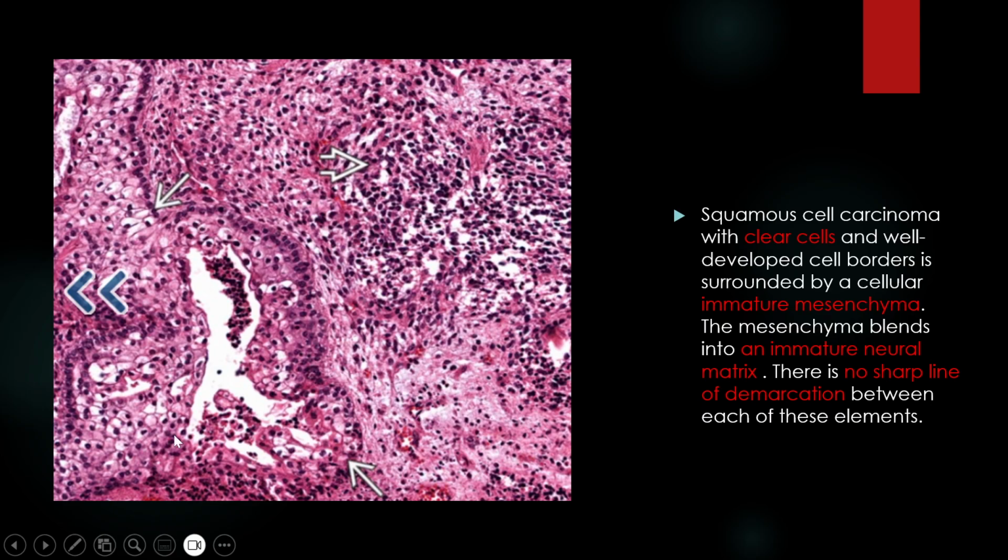Then here on the left side, we have this squamous cell differentiation with clear cytoplasm and then merge into this small round blue cell almost forming like neural matrix and neural component, mimicking immature teratoma.